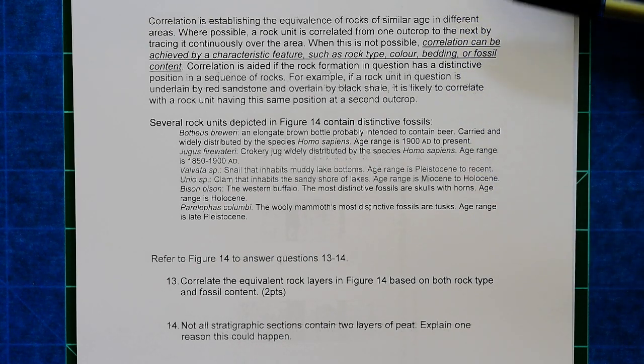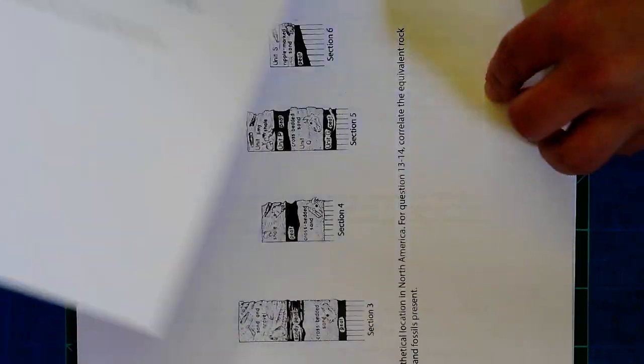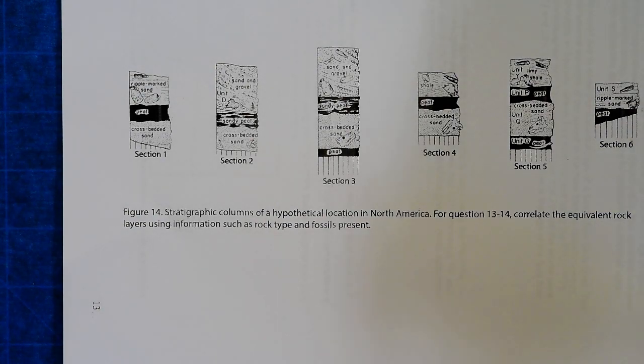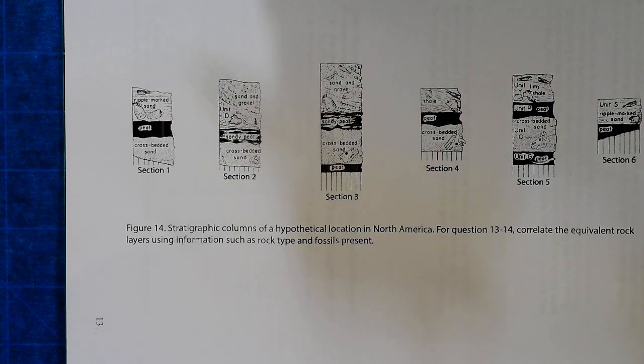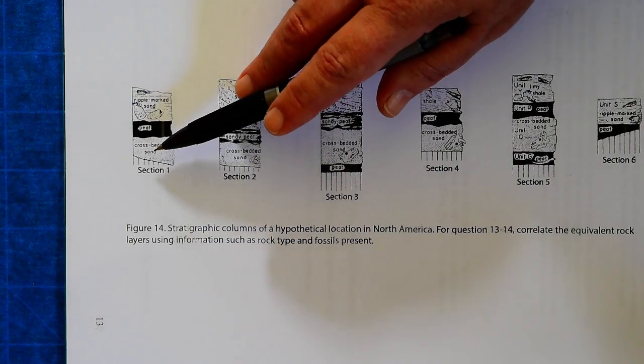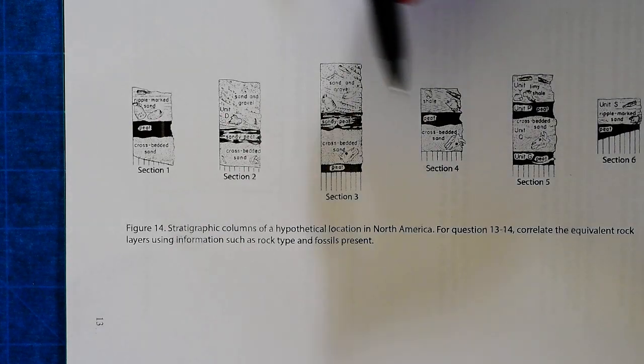So we have quite a bit of information here, and then one of the things you are going to do is you are going to take these stratigraphic sections and correlate which rocks are equal to each other. For example, you might say, okay, let's start between section 1 and section 2 and see which ones we think might be the same.